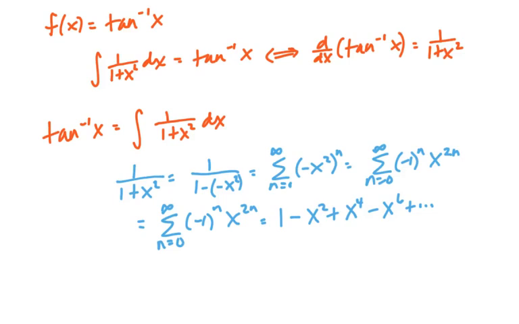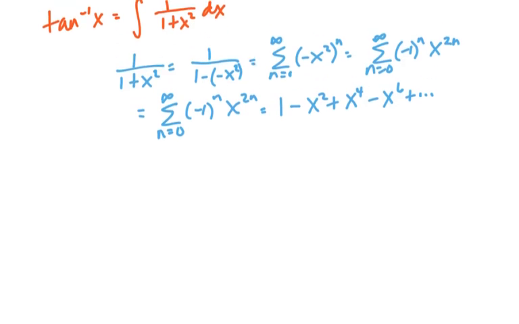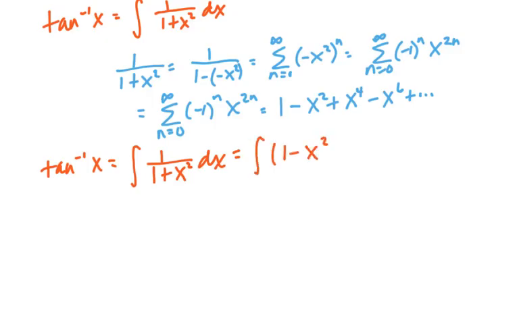Okay, so let's go back to this problem now that we can look at it more fully. And we say inverse tangent of x is equal to the integration of 1 over 1 plus x squared dx. And this equals the integration term by term. We're going to integrate the terms that we have now listed above.